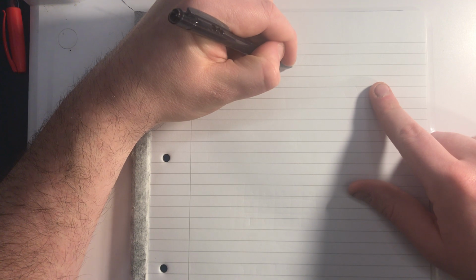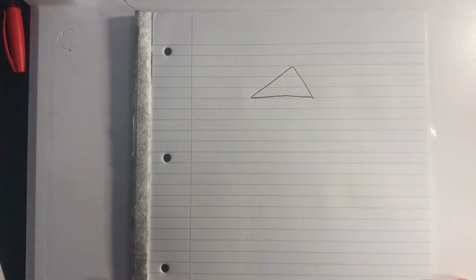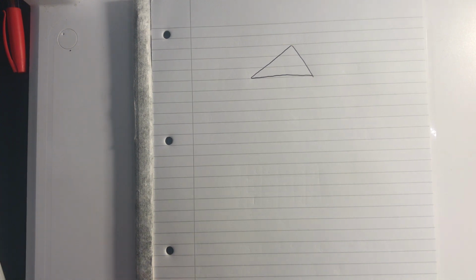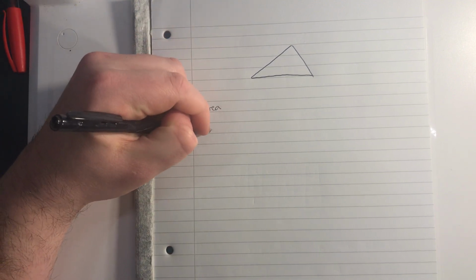Okay, and then if I come along and start talking about the other thing that we're going to talk about today, which is triangles. So if I have this triangle over here, we have to do the same thing. We have to find the area. We have to find the perimeter.